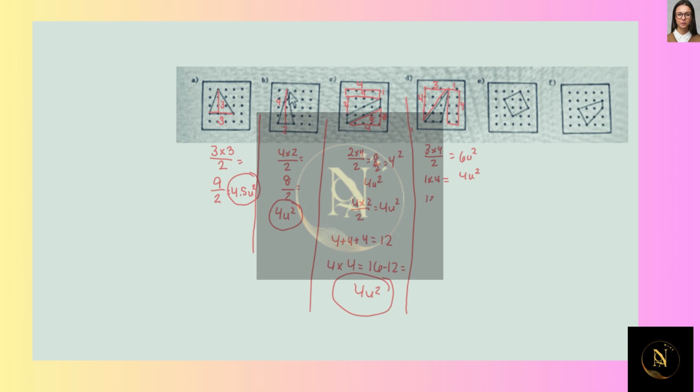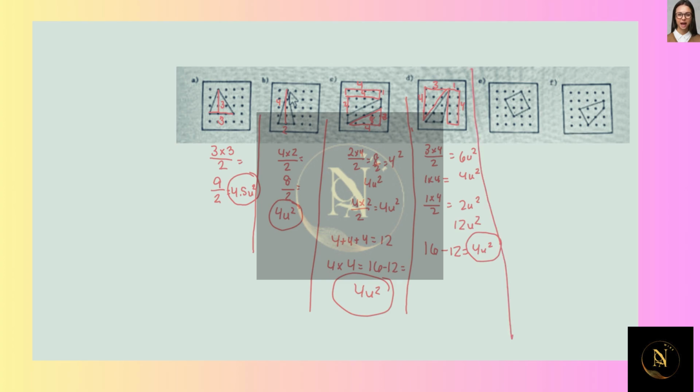And then a 1 times 4 divided by 2 is 2 units squared. So that's 12 units squared. And I'm going to take 16 minus 12. Got a little bit ahead of myself. 16 minus 12 is 4 units squared, is the area of D, triangle.